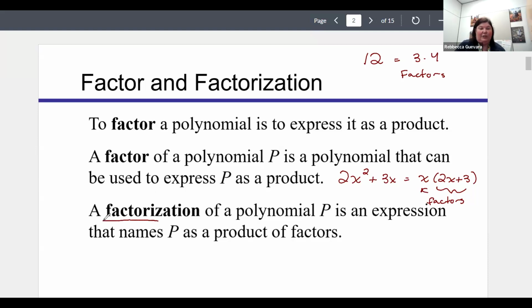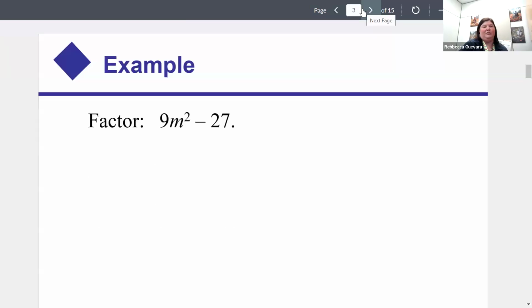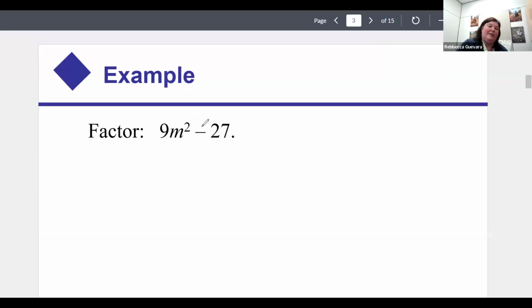What we're trying to do when we factor a polynomial is a complete factorization. We want to break it down as far as we can. So we want to figure out something that both of these terms are divisible by.